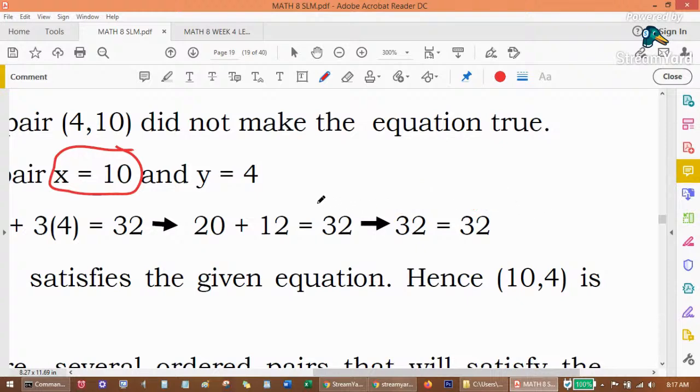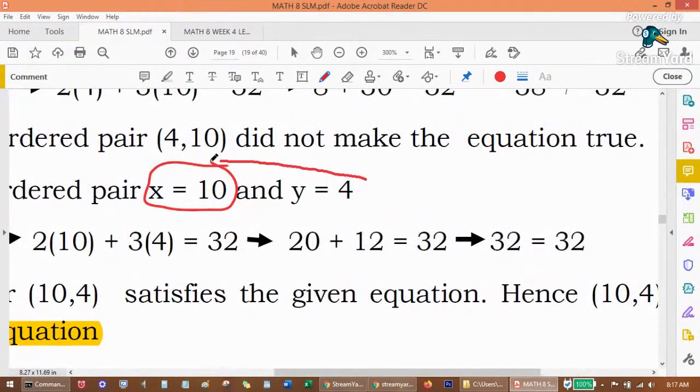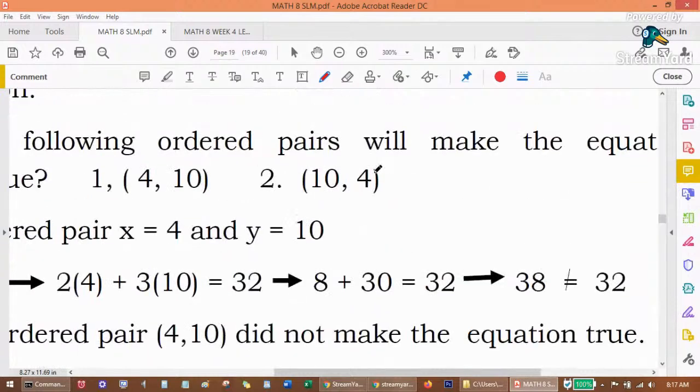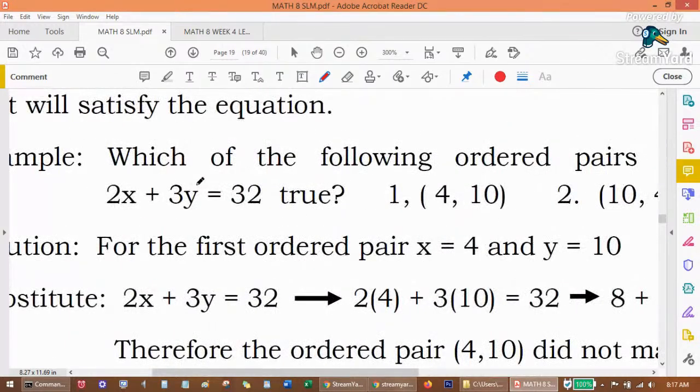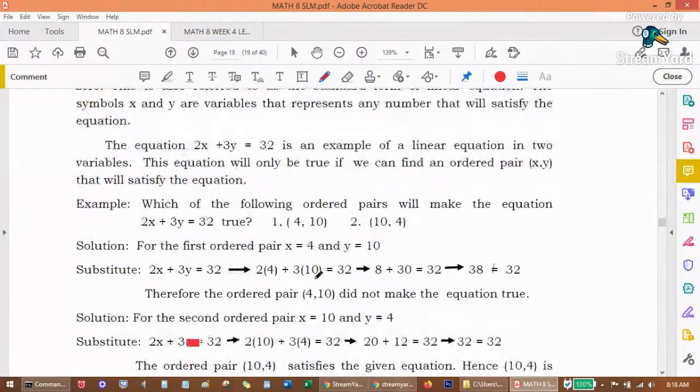So, therefore, ang coordinate natin na x is 10 and y is 4 is a true coordinate of this linear equation. Okay?